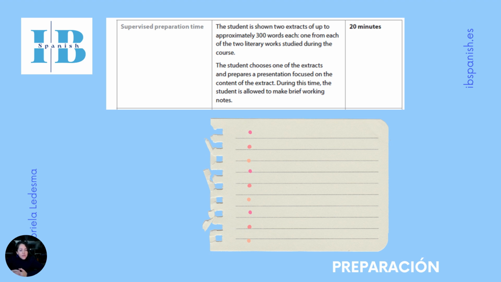In this part of the exam, it is vital that you highlight and choose specific parts that are going to support your arguments, some quotes that you can use during your presentation, and how you will use this extract as an input to provide ideas, themes, arguments, anything related to the target culture of the Spanish language.